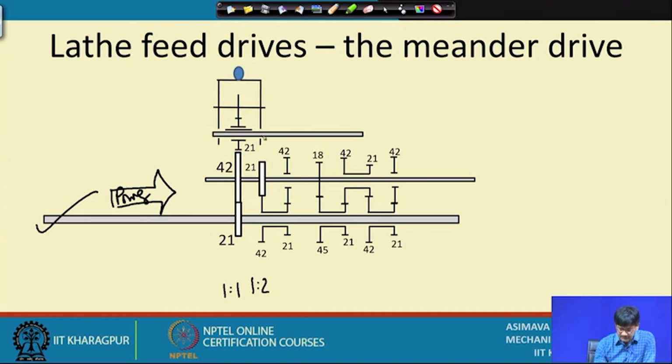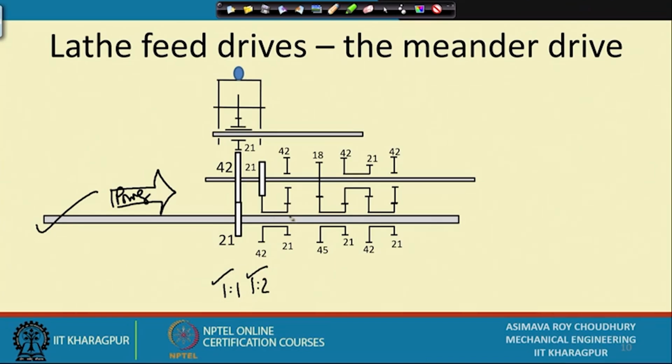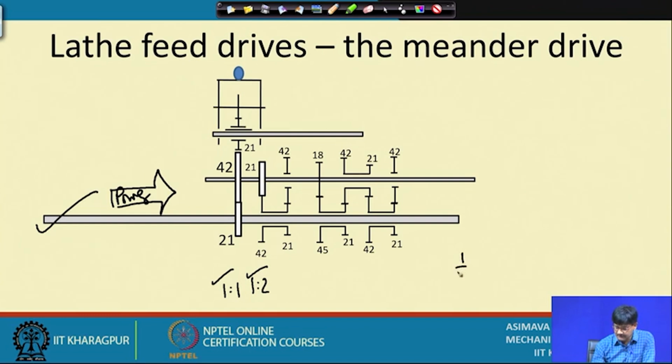And if you get another half here, it is basically half into another half, multiplied by, due to that 21 gear, 2. So, this will cancel out, you will get 1/4. So, you can get 1/4.